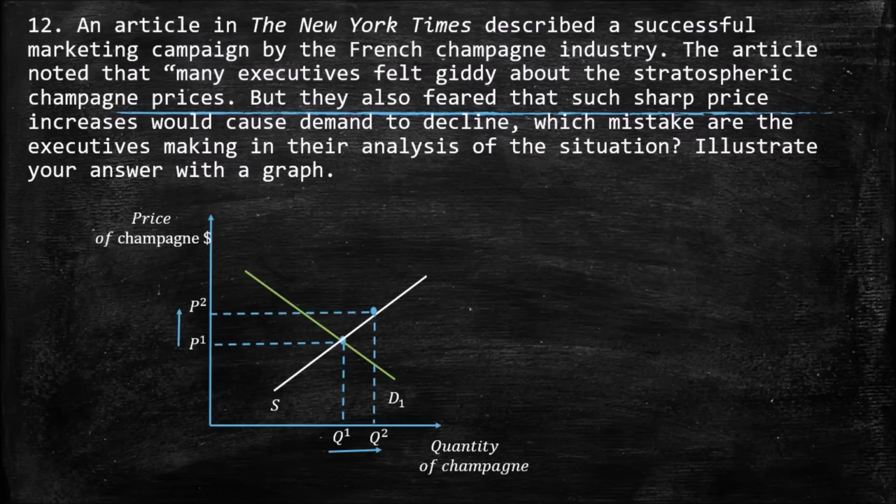As we see here, despite the increase in prices, the quantities have risen as well. So this could be the mistake that the executives have made. Okay, I hope it has worked.